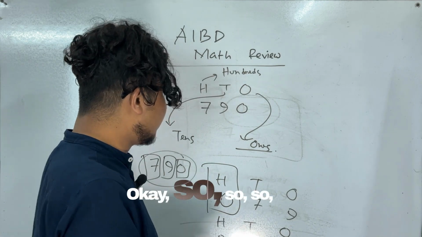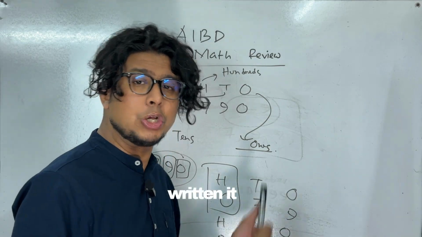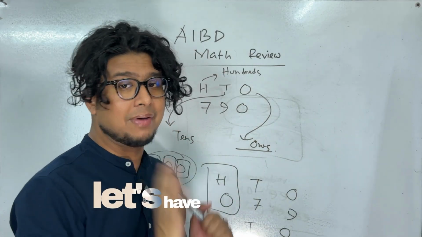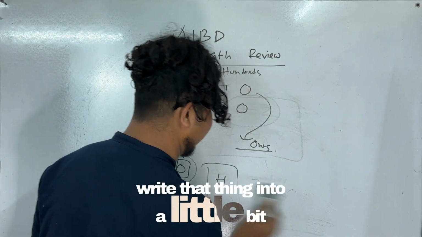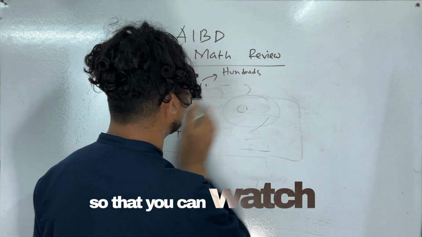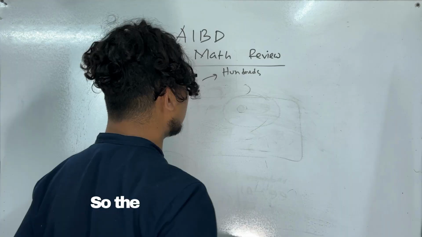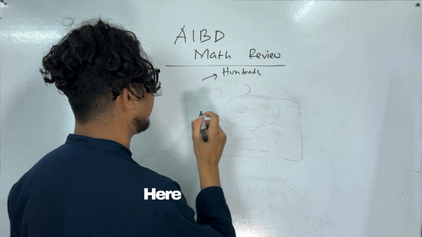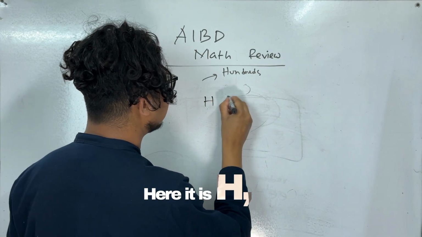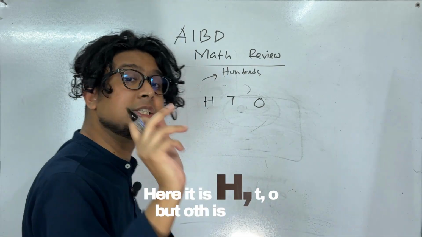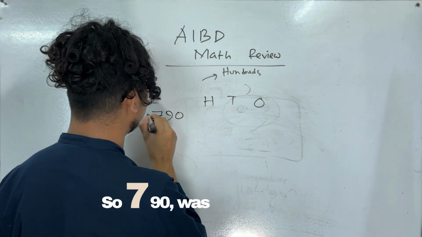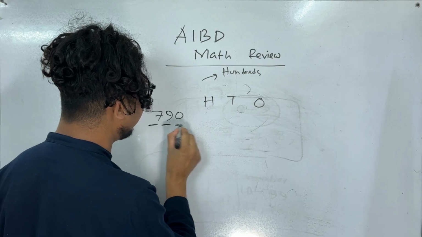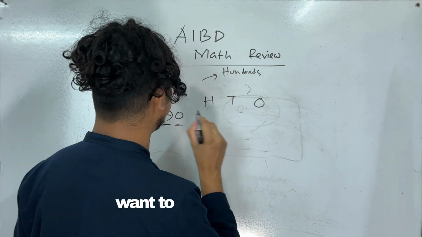I'm going to write that a little bit up so that you can watch it. The logic is very simple. Here it is H T O, but O T H is best. 790 was our digits.